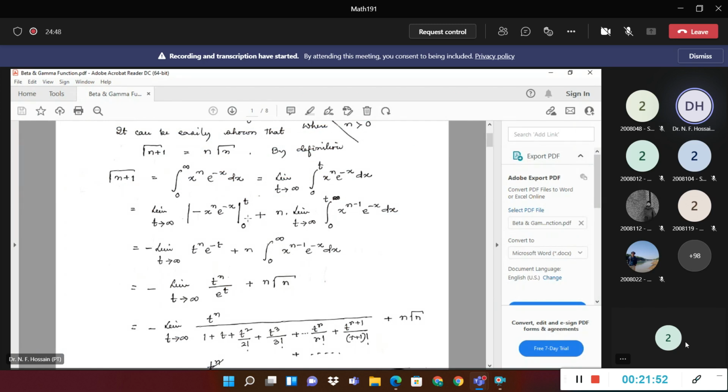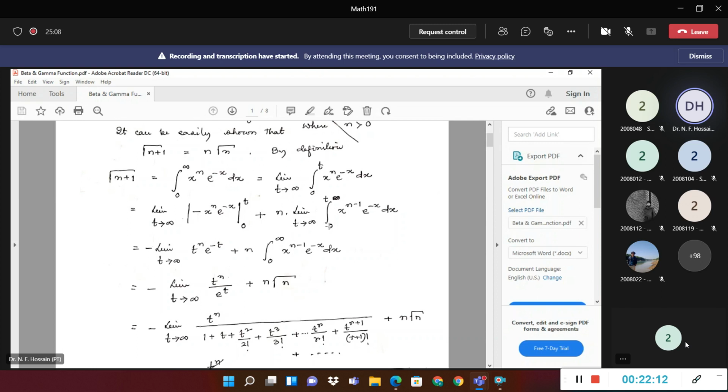Then for the second term, there should be minus whole integration d dx of first function, that means n into x to the power n minus 1. We put this n outside, and integral of e to the power minus x gives you minus e to the power minus x. So 2 minus signs give you plus sign, and we are getting this integral.